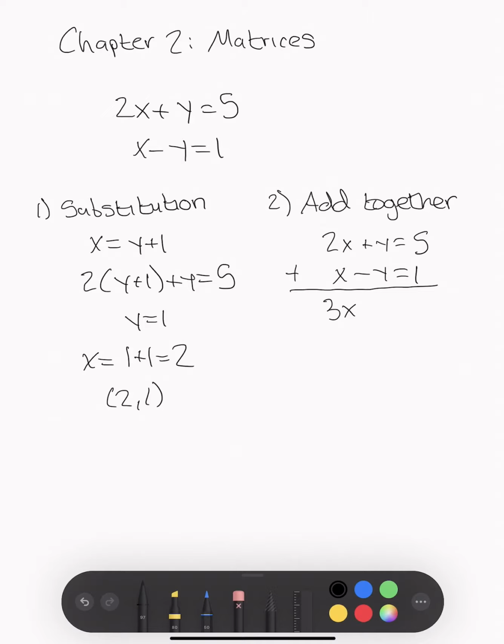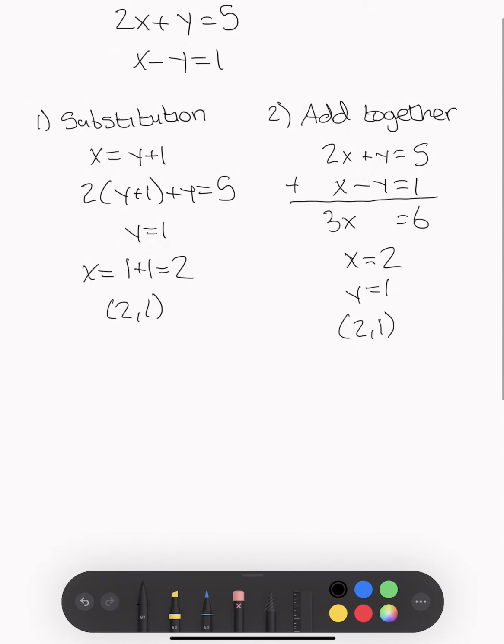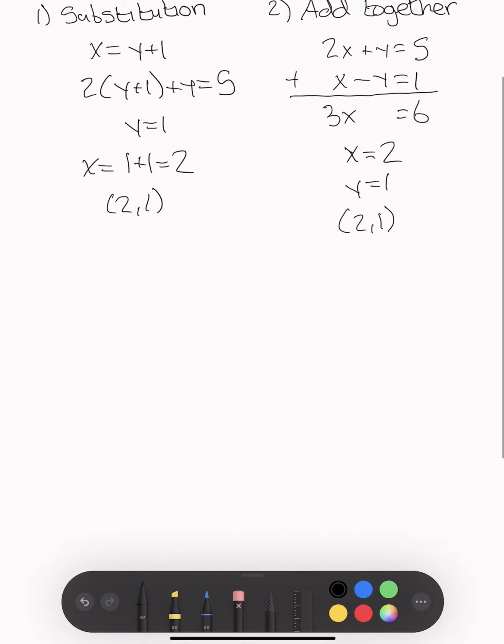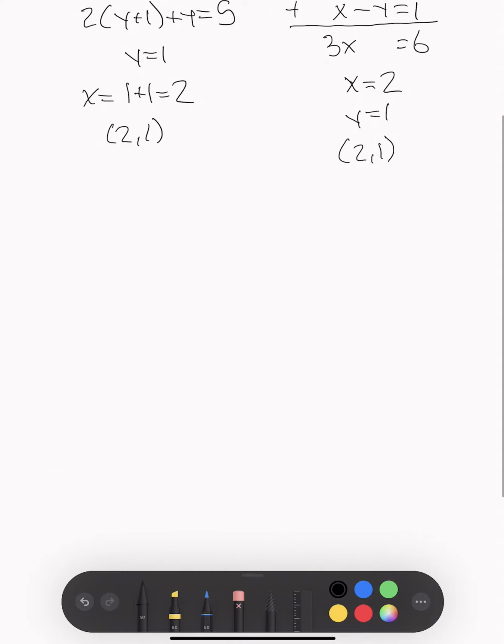The y's actually cancel, and then you're left with 3x equal to 6. So this tells you right off the bat that x has to be equal to 2. And then again, like substitution, you substitute this value 2 back into one of these equations, and you should find y is 1 as well. So again, we get the solution 2, 1, which is good for us because that's the exact same solution we got from substitution. Great, all is working out well.